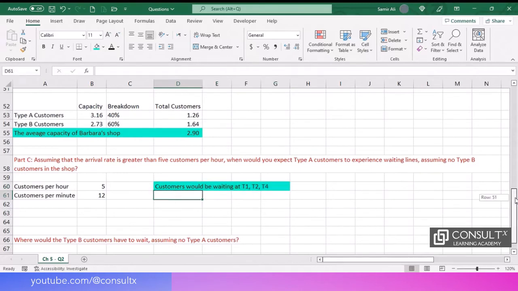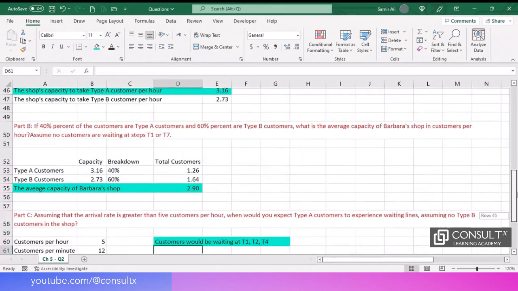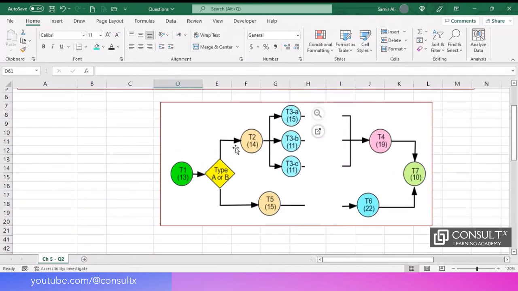And in the second part, it says, where would type B customers have to wait, assuming there are no type A customers? So we basically take 12 minutes, and let's see in the process flow for type B customers which numbers are greater than 12 minutes. T1 has 13 minutes, so customers will be waiting at T1. T5, 15 minutes, they'll be waiting over here as well. T6, 22, and T7, 10 minutes.